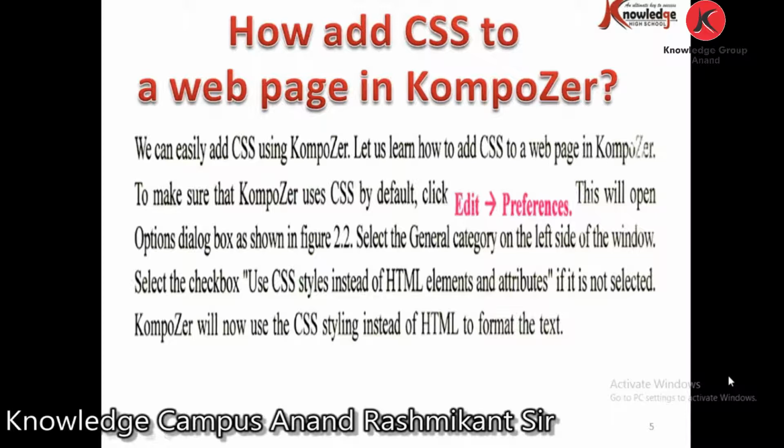This will open the options dialog box as shown in the figure. Select the General category on the left side of the window. Select the checkbox, use CSS style instead of HTML elements and attributes. If it is selected, Composer will use CSS styling instead of HTML to format the text.